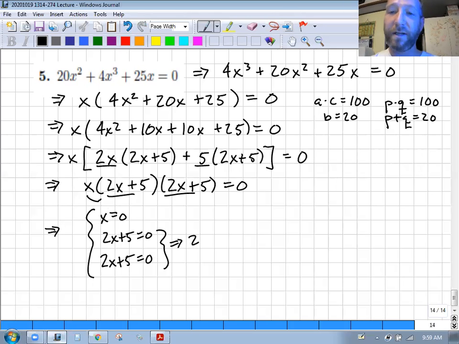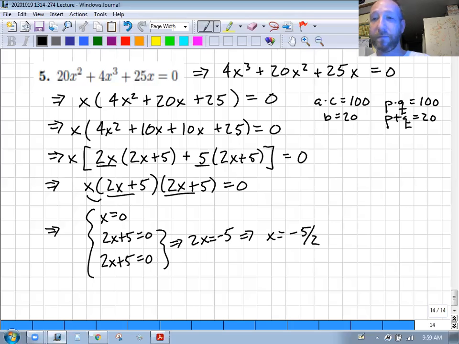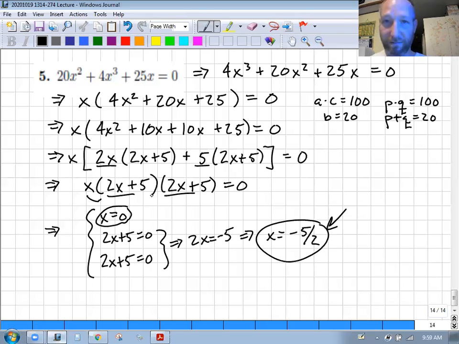So we have 2x is minus 5, or x equals negative 5 halves. Okay? So these are our 2 solutions. This one has a multiplicity of 2. The same factor showed up twice.